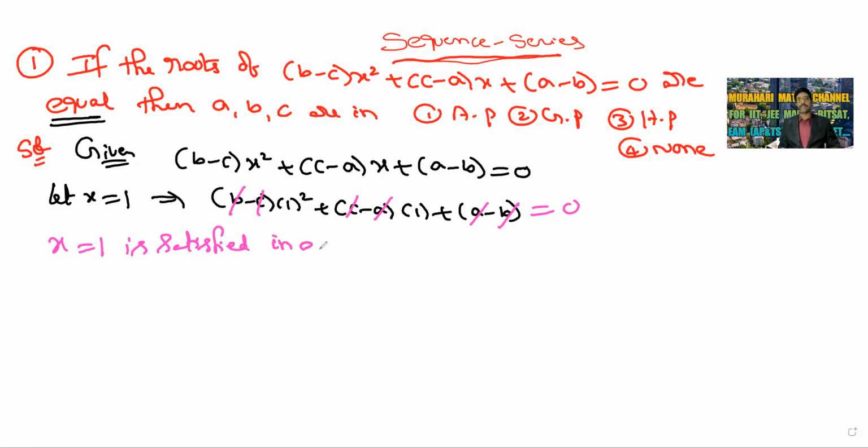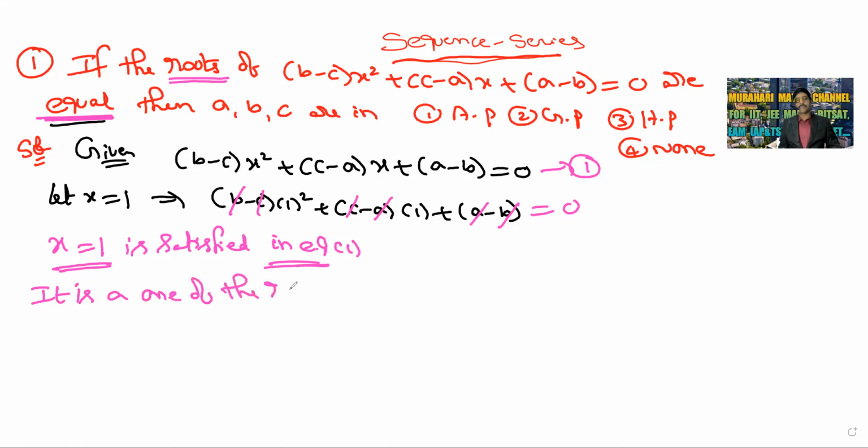In equation 1, what is given in the statement? The roots are equal. Therefore, x is equal to 1 is satisfied in equation 1, so it is one of the roots of equation 1.